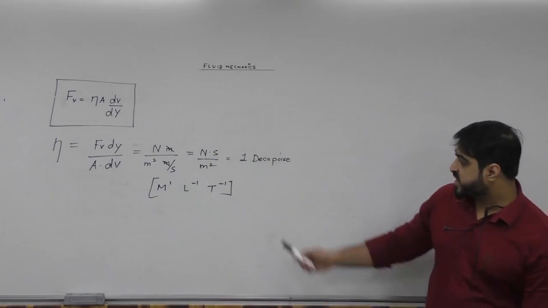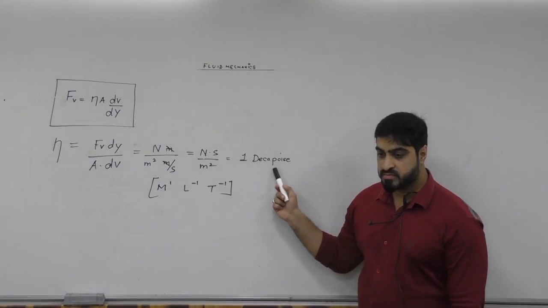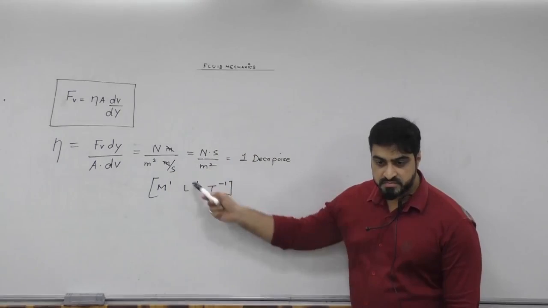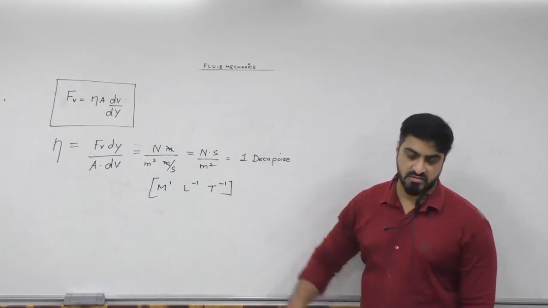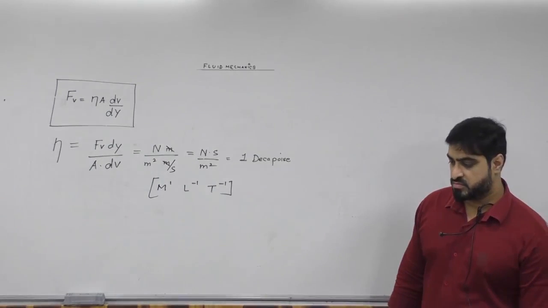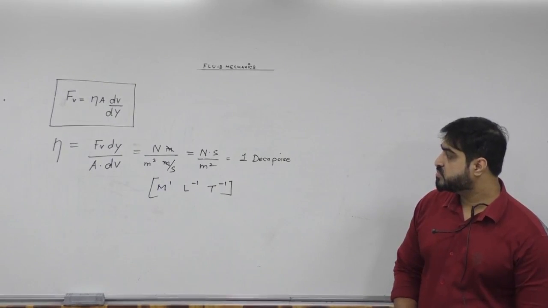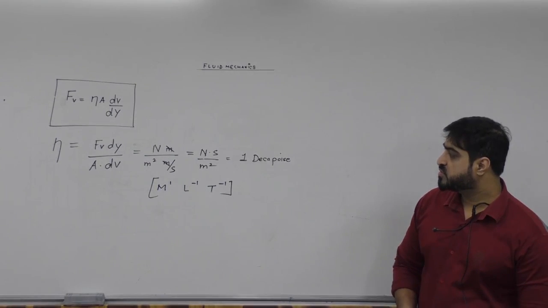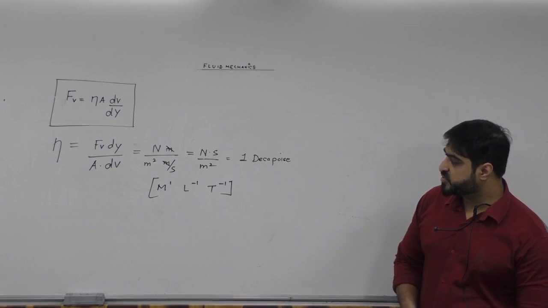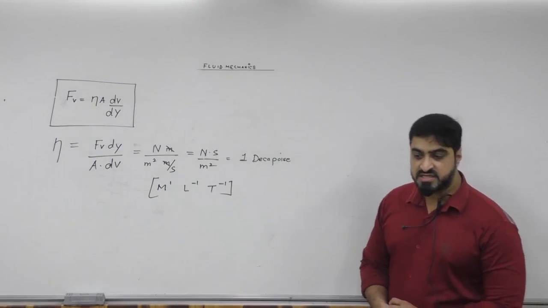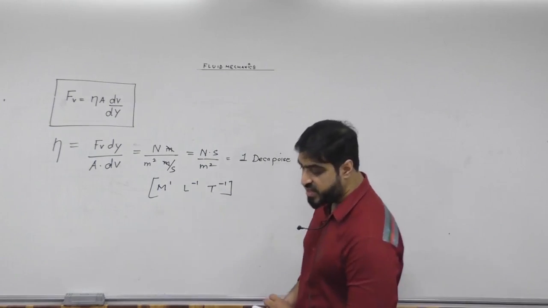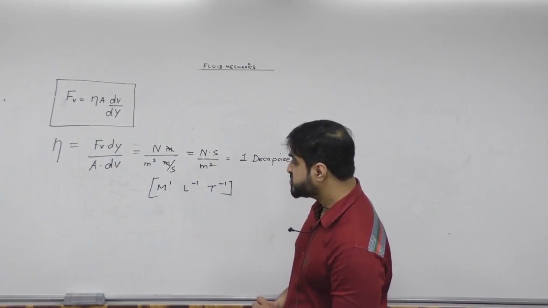We call this as 1 decapoise. This is which unit? SI unit. CGS unit of this is poise. लिखिए, CGS unit of this is poise. 1 SI is 10 CGS. 1 decapoise is 10 poise.